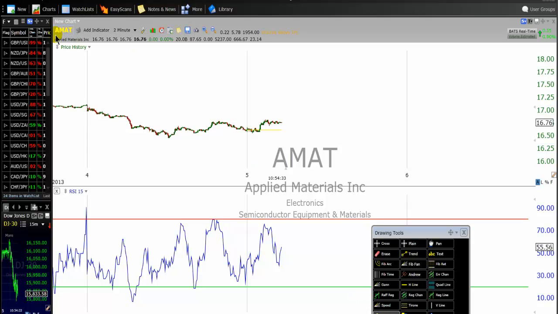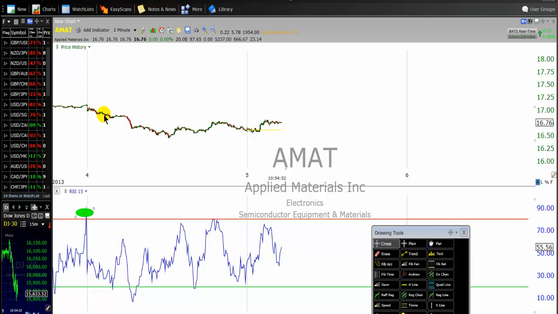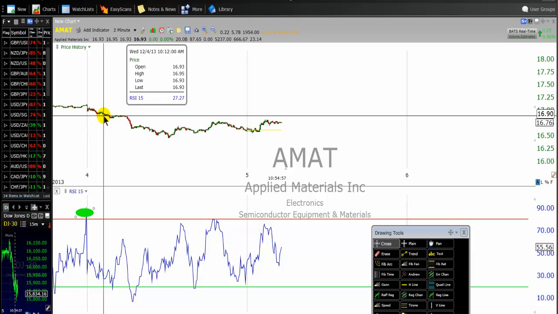This is AMAT, Alpha Mike Alpha Tango, Applied Materials Incorporated. And you can see that the RSI period 15 went above the level of 80, that's the overbought zone, signaling to the computers to sell. As you can see, this is a successful trade. The price rolled down. As the price rolls down, we will take the first profit at the first and nearest support level.